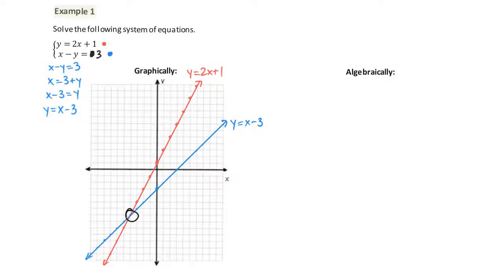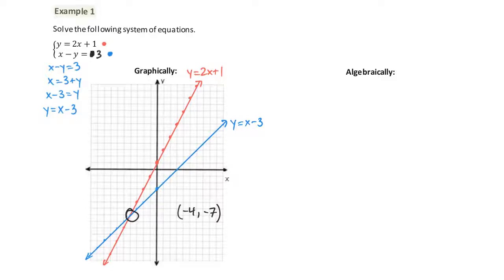The coordinates of that point, in this case, are negative 4, negative 7. So if I plug in negative 4 for x and negative 7 for y, both of these equations are going to be true at the exact same time. That's what we're looking for.